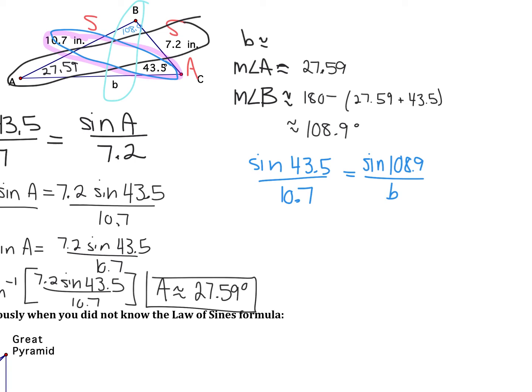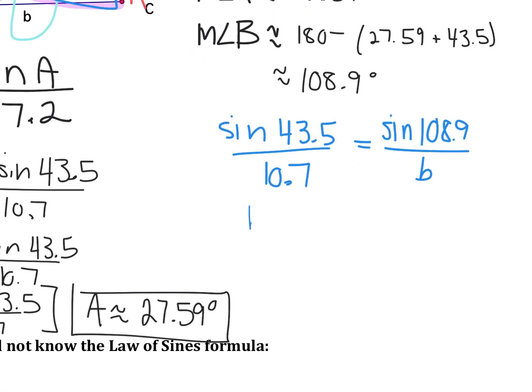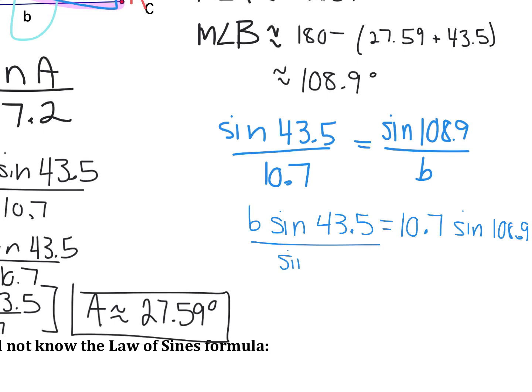Okay, it's just some algebra here, some cross multiplying, we're going to get little b. So b times the sine of 43.5 equals 10.7 times the sine of 108.9. Divide both sides by the sine of 43.5, and then use your calculator to find what that is. So you're going to type in 10.7 sine of 108.9 divided by sine of 43.5. You should get b is approximately 14.71.